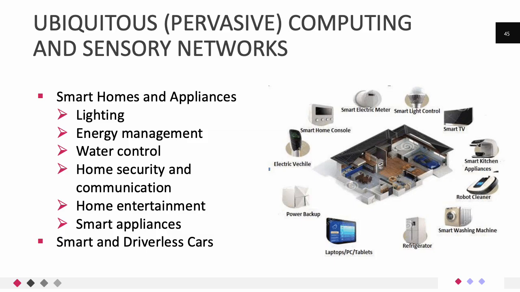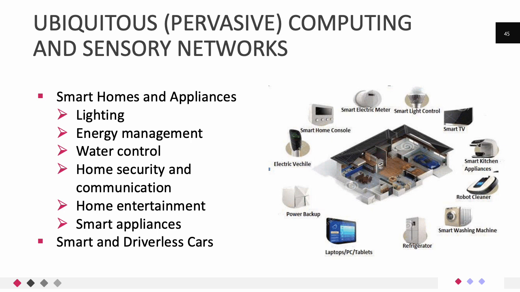Plus, everything from your TV to your refrigerator could be connected, making entertainment easier, and your fridge able to tell you when you are out of milk. So it doesn't stop at home.